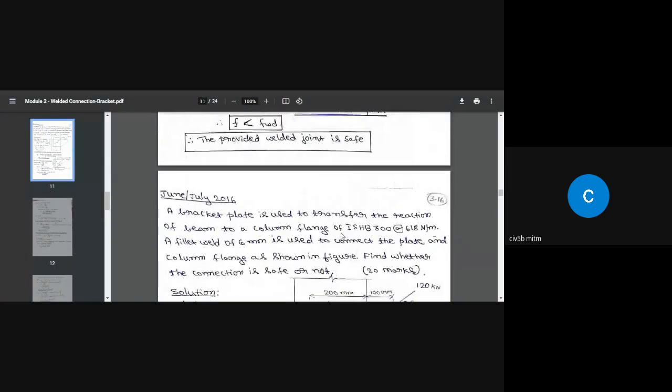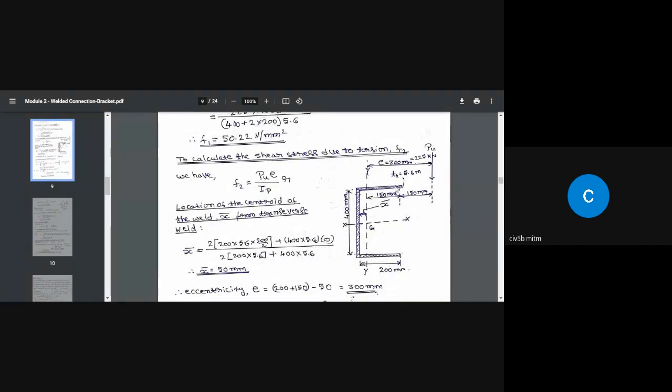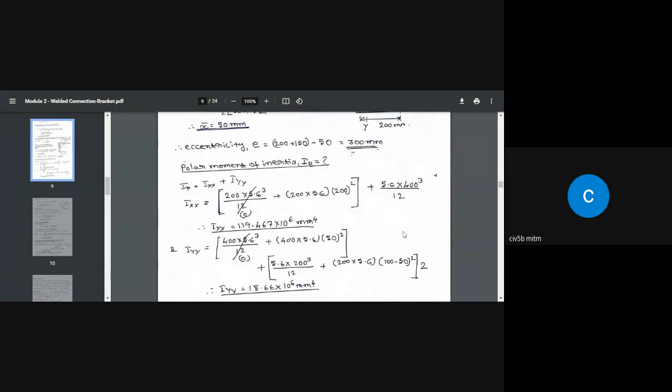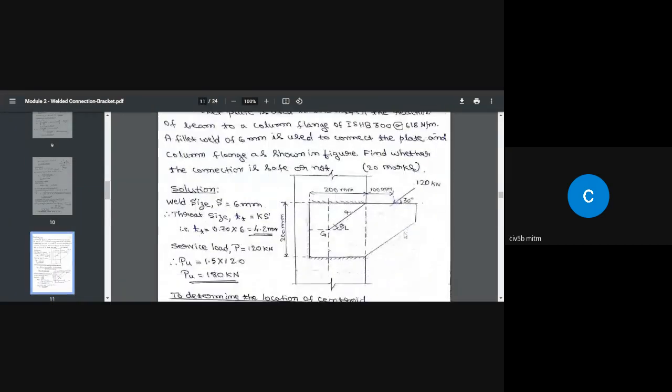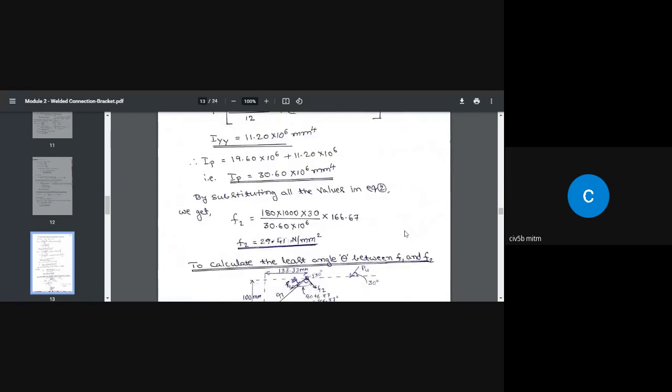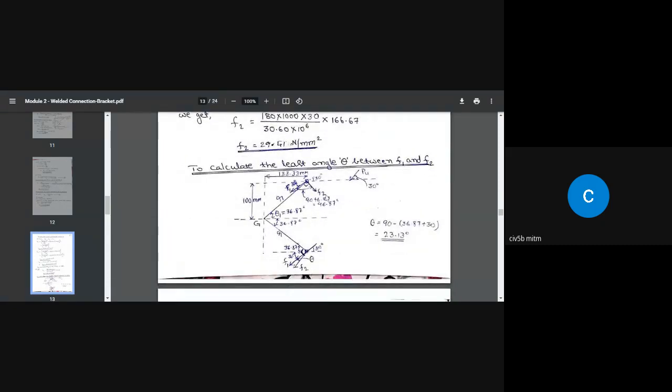See, in the previous examples, I will go back to the previous example with the vertical load. In the case of the vertical load, the unit area of the weld here and the unit area of the weld here, both of them are going to be critical, and they are going to be subjected to the same maximum shear stress of value F. But in this case, because the load is inclined, these two welds are not going to be subjected to the same shear stress.